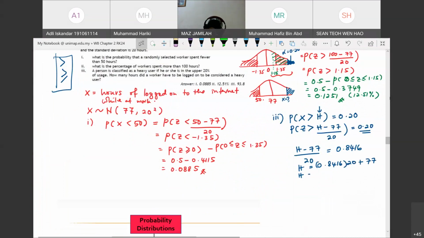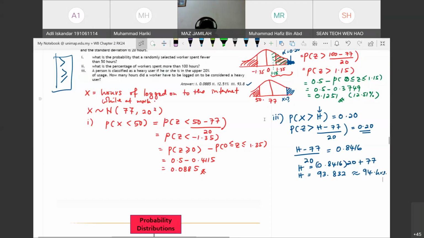So H is equal to 93.832, or we can say 94, or using the exact value, 93.8. So how many hours must a worker be logged on to be considered a heavy user? 93.832 hours or 94 hours. That would be your answer.